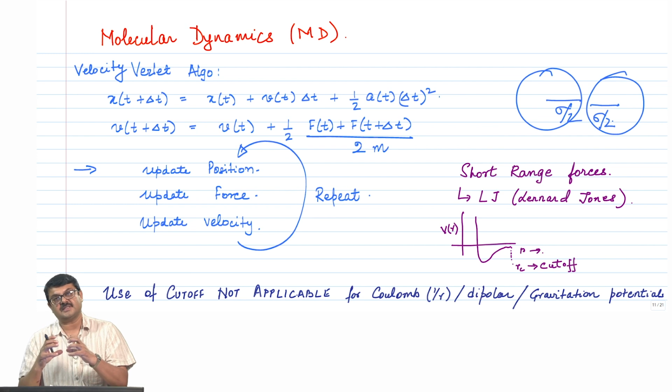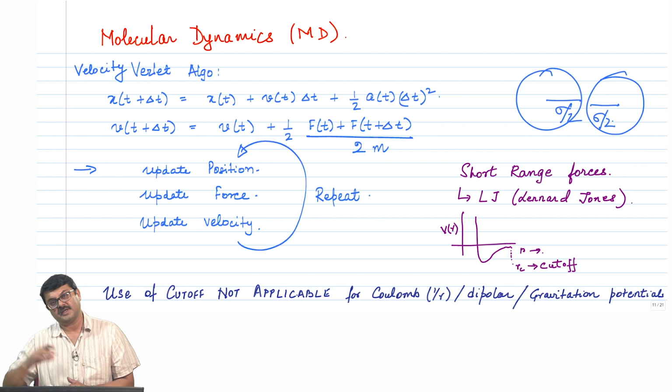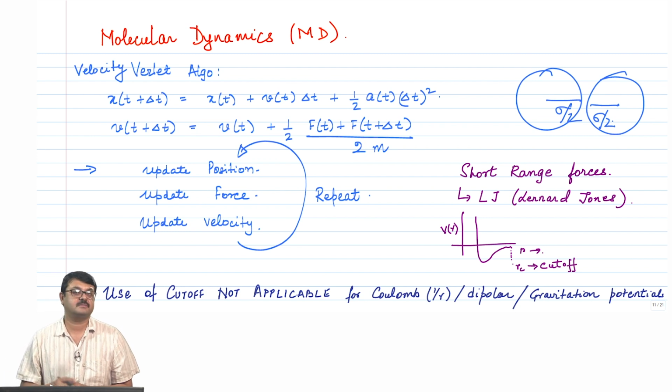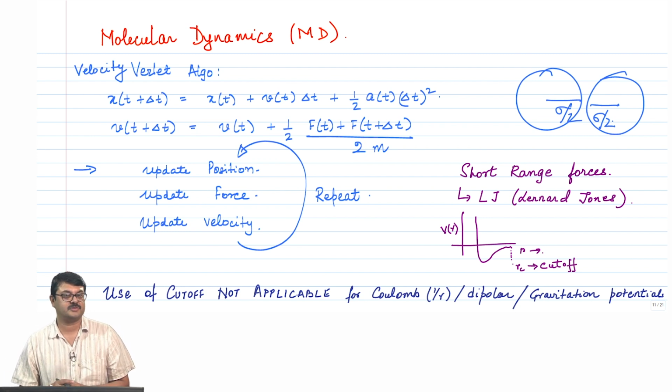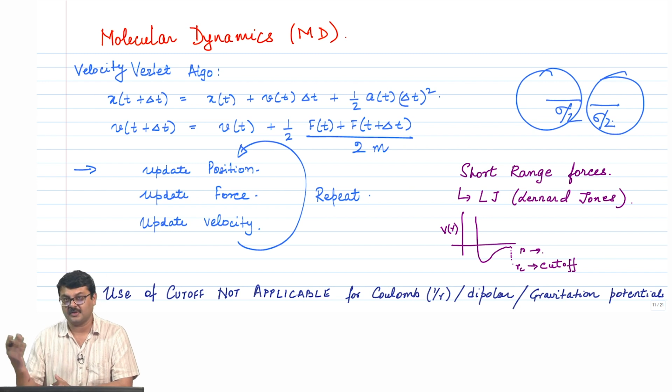So, just when the distance of the two particles is just beyond sigma, there is an attractive force, but at distances of 3 sigma, the attractive interaction is extremely weak, and hence it is not worth computing the forces at distances greater than 3 sigma, say, or 2.5 sigma; you can choose your cutoff.